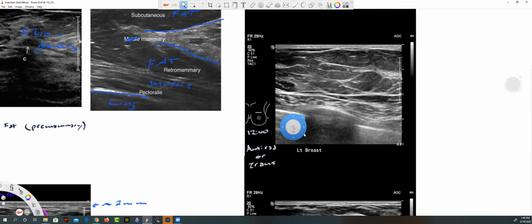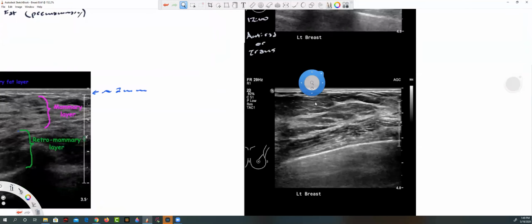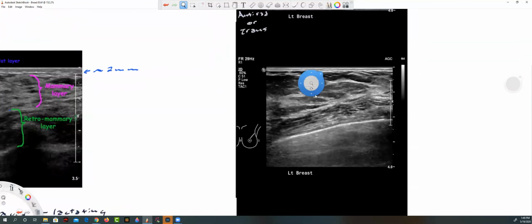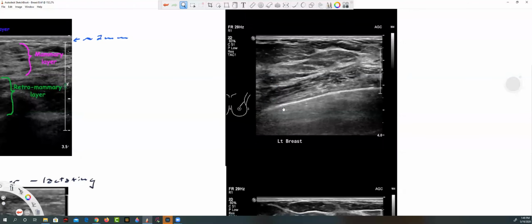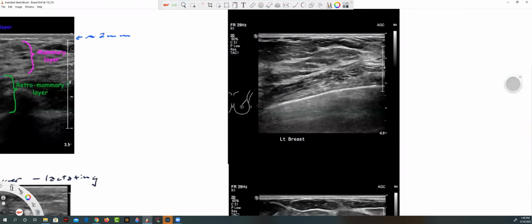Now what this person is doing is just a full breast exam. On an older patient like this, I don't know why they did a full exam. I guess just because they were sick and tired of mammograms.